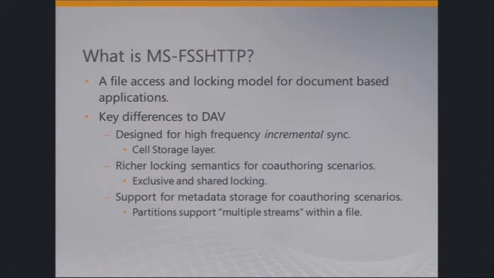The other thing is we need richer locking semantics. When you look at the FSSHTTP documents, you'll find a great deal of explanation about the different types of locks we can take. I'm not actually going to go into that in a great deal of detail here because the documents have a relatively good explanation about the semantics. But the main crux of it is there are two different types of locks. There are exclusive locks, which are very similar to what you can do in DAV and the FPSE stuff.